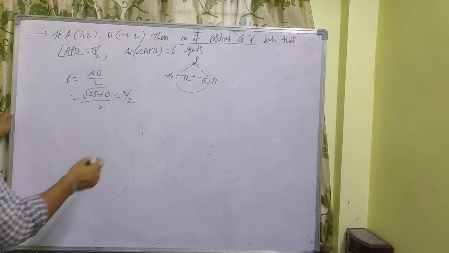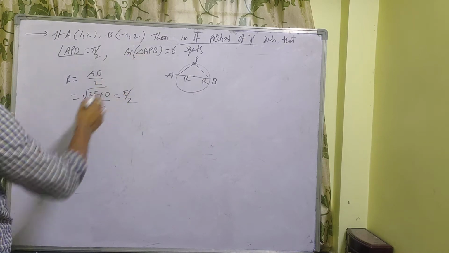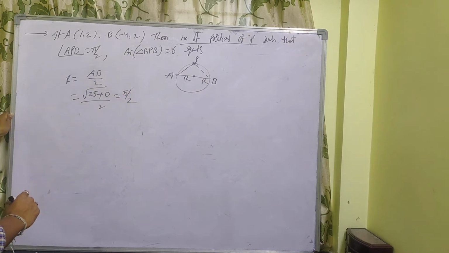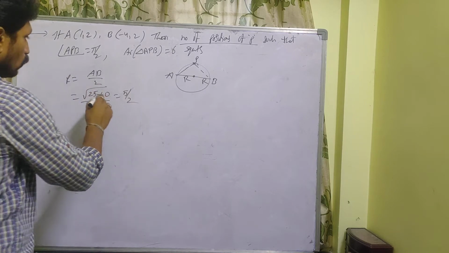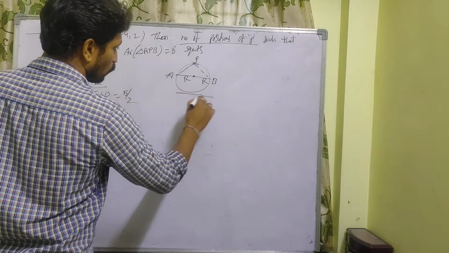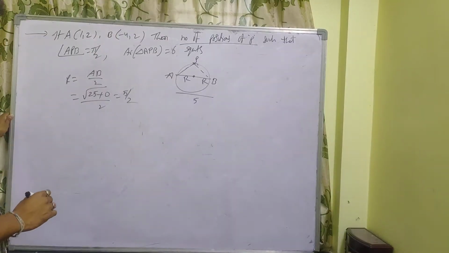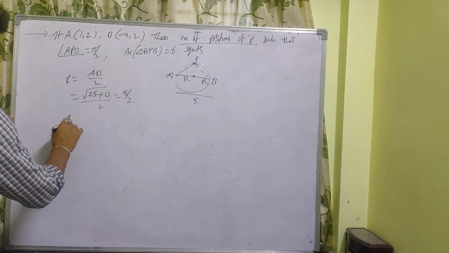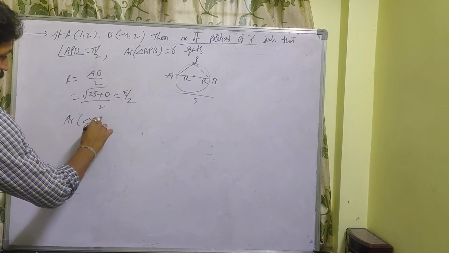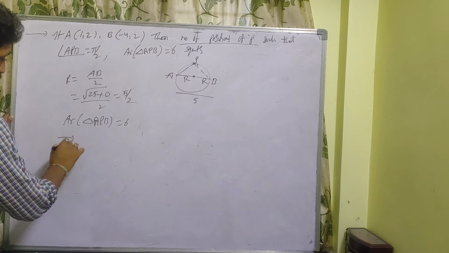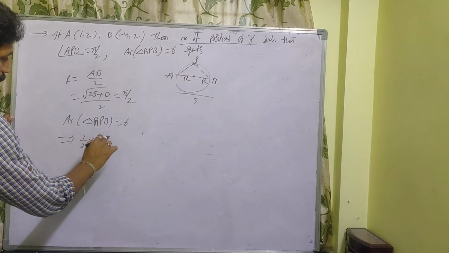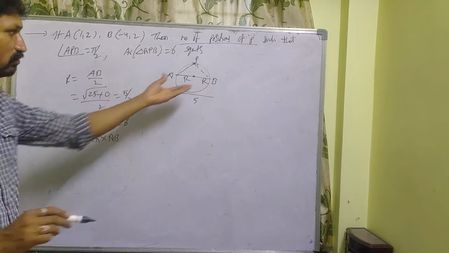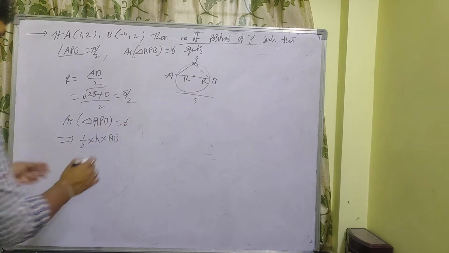Okay. Next one, height. Given area of triangle APB is equal to 6. Here AB is equal to 5. So this total length is 5, AB. So area of triangle APB is equal to 6. This means half into height into base, where base is AB here. AB is nothing but how much? 5.